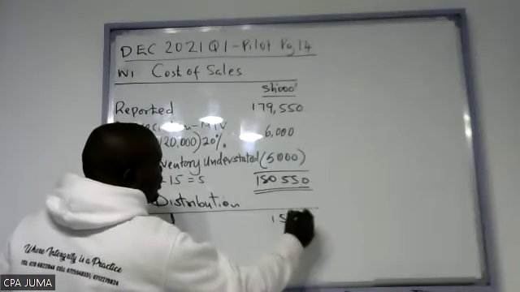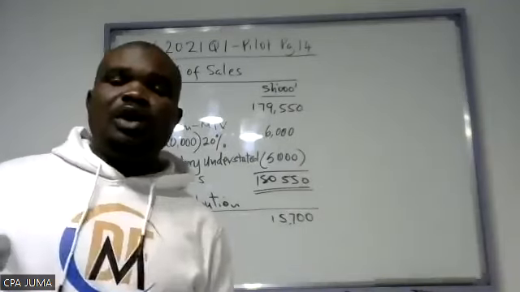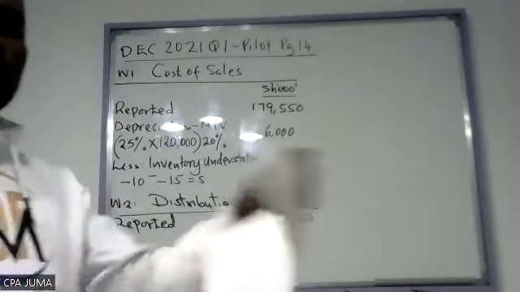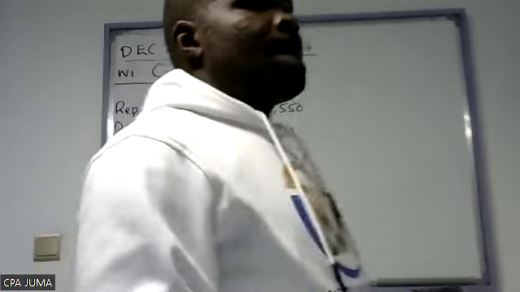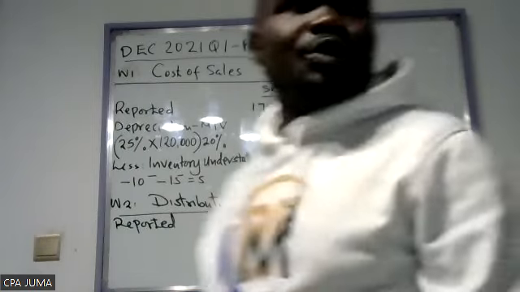15,700. Which note should I check for distribution? The one with additional information for classification purposes? Note number 2.